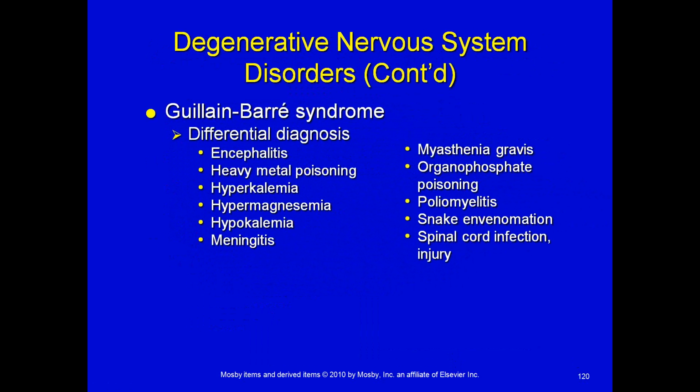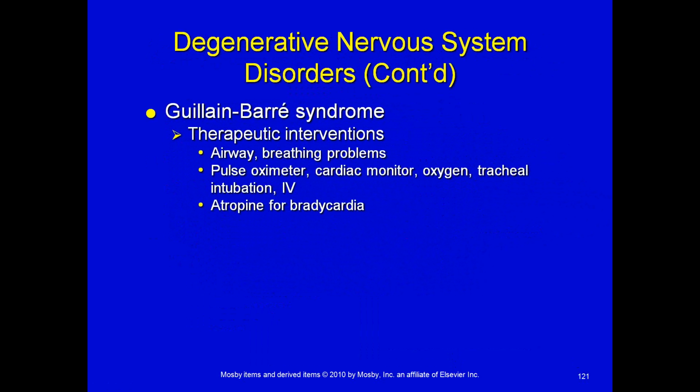Some differential diagnosis for Guillain-Barré include encephalitis, iron poisoning, hyperkalemia, hypermagnesemia, hypokalemia, meningitis, myasthenia gravis, which is another muscle wasting disease, organophosphate poisoning, polio, snake envenomation, and spinal cord injury.